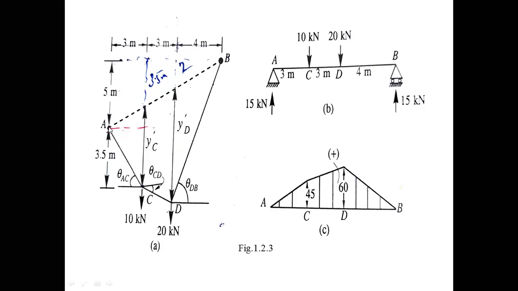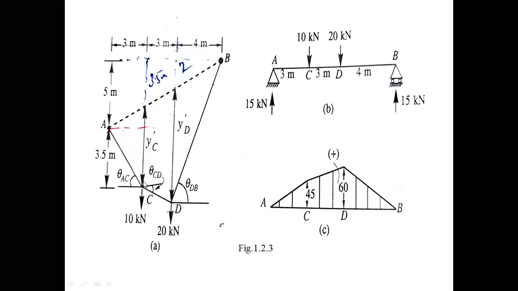This is given by the problem. The cable has three segments: AC is one segment, CD is another segment, and DB is the third segment of the cable.